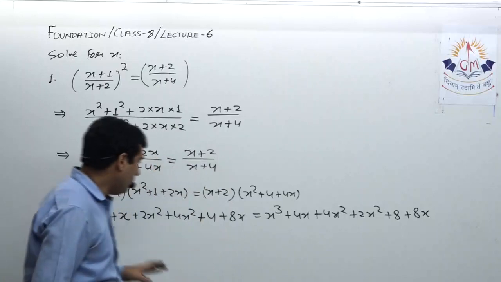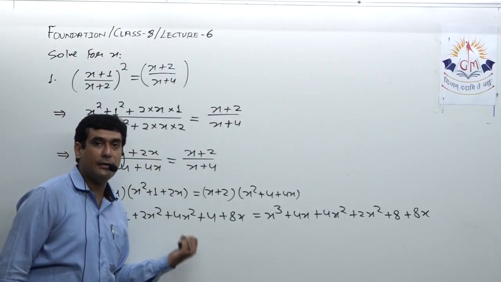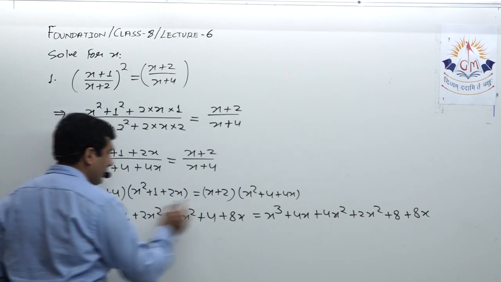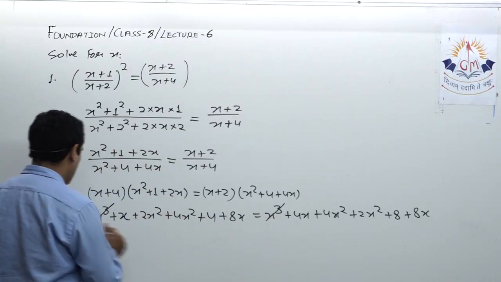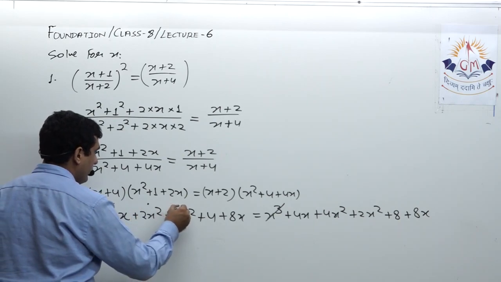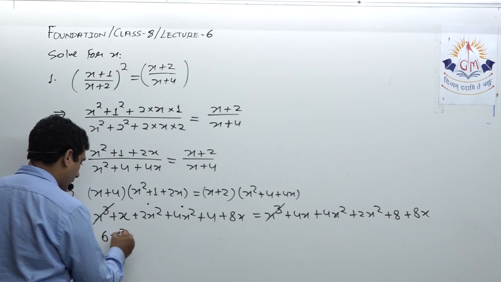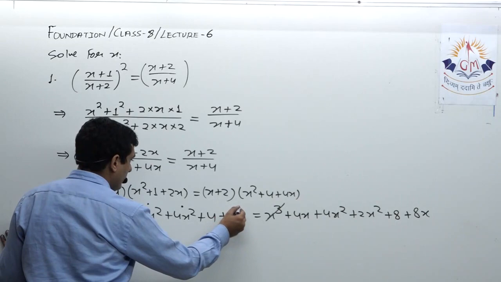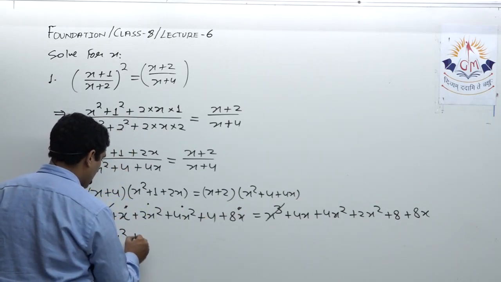So now the multiplication is done. Now we'll write the like terms, and before doing that we'll simplify. The first term, this term I will cancel out directly, x cube and x cube on either side. Now here this is 2x square, this is 4x square, so I'm writing directly 6x square. Then the terms containing x: this is 8x, this is x, that is 9x.